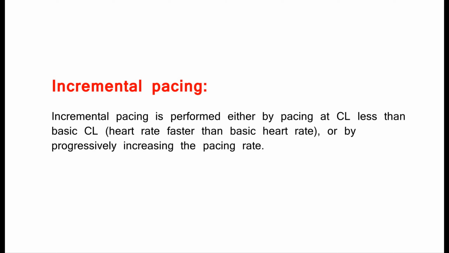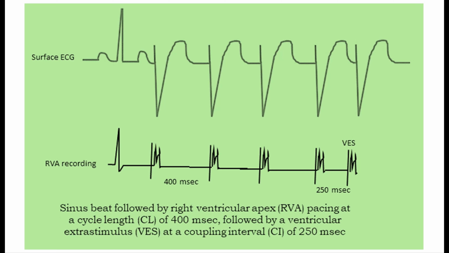Incremental pacing is performed either by pacing at CL less than basic CL, heart rate faster than basic heart rate, or by progressively increasing the pacing rate. For demonstration, this figure shows a sinus beat, followed by right ventricular apex, RVA, pacing at a cycle length of 400 milliseconds, followed by VES at a coupling interval of 250 milliseconds.